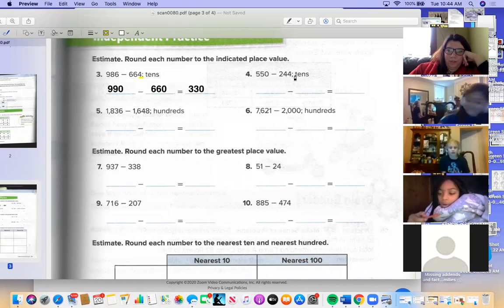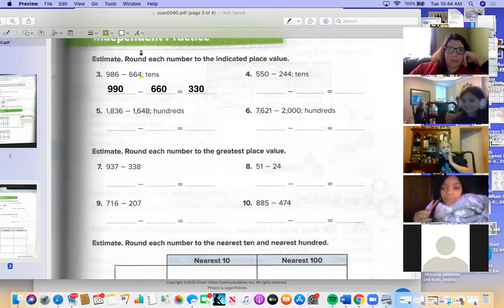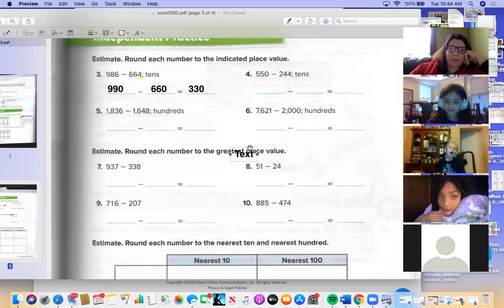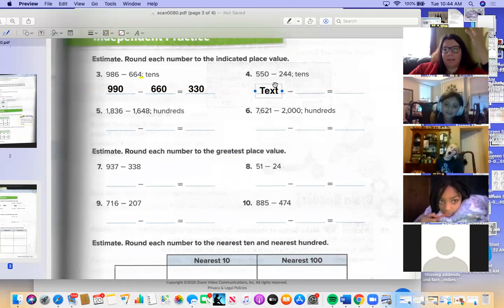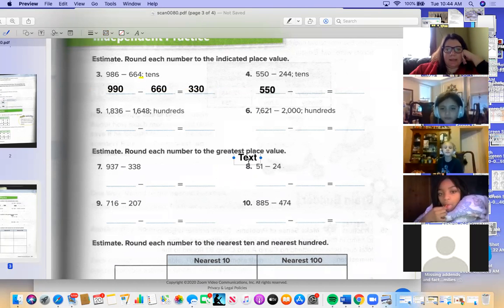All right, 550 minus 244 rounded to the nearest tens. Well, guess what? 550, it's already a 10, so we don't have to do anything to it. We can keep it 550. That's easy enough. But what about 244?